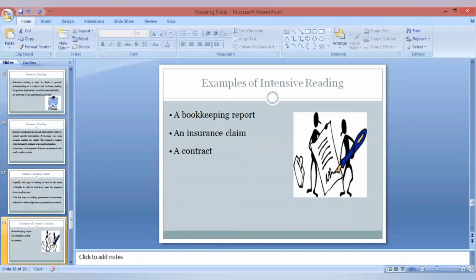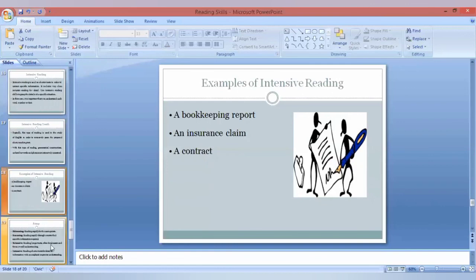So try to understand each and every clause and phrase that is given in an insurance claim or in a contract before signing it. Because if you show negligence and read it carelessly, you may have a problem in the future. So this is all about intensive reading.